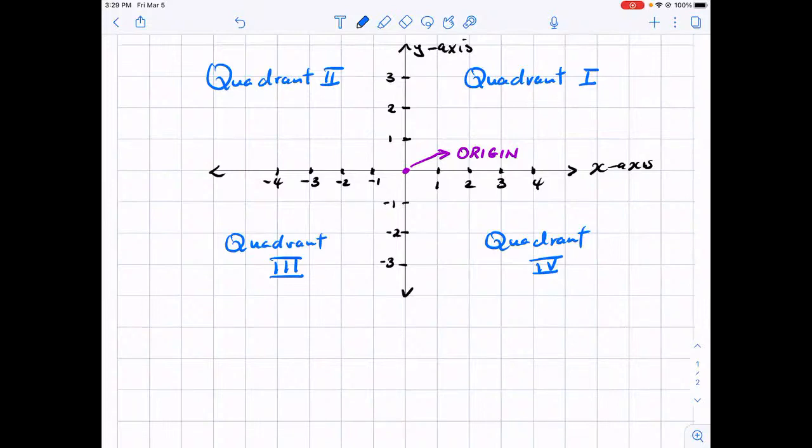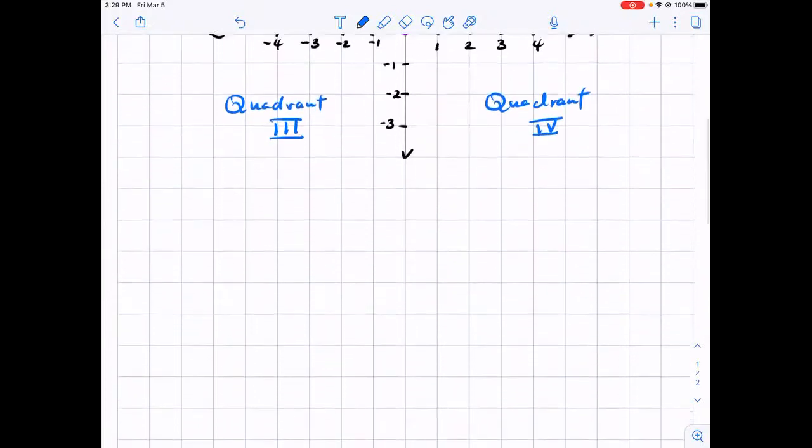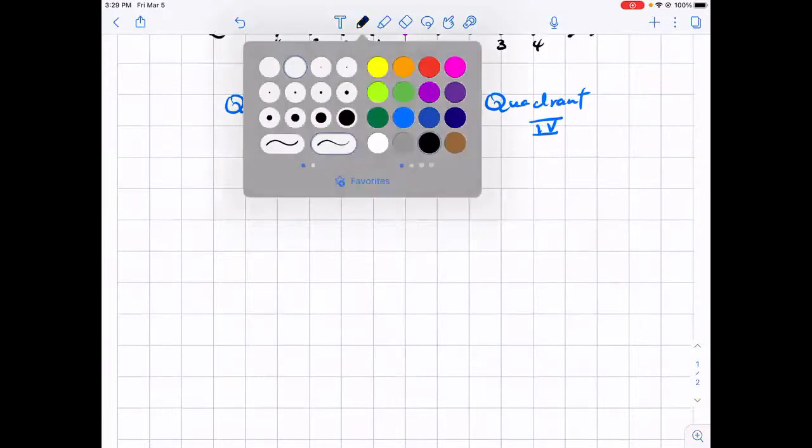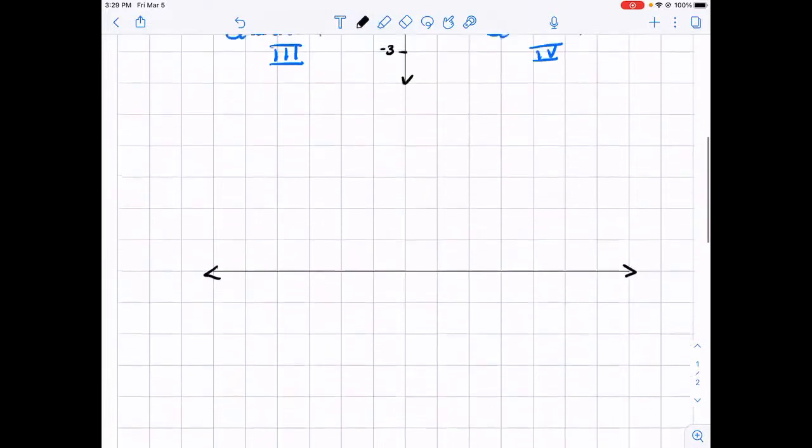So you will notice that if I redraw this again, here we have our y-axis and the x-axis.